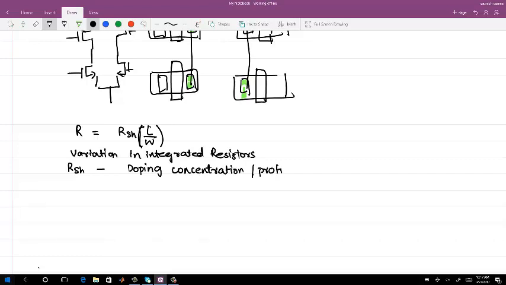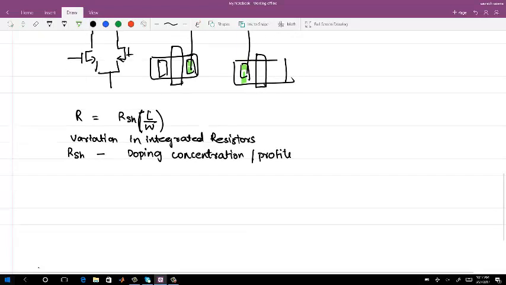Then you can have different annealing techniques when you are etching out and everything, and that can also change the resistance. So these are all due to process variation. You can have a change in the sheet resistance with respect to what you designed for.